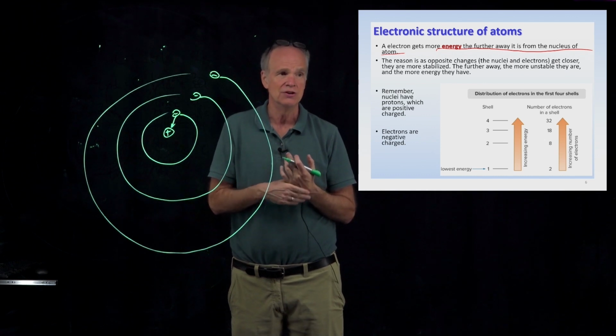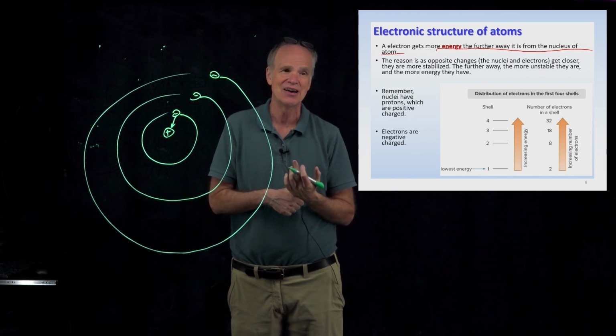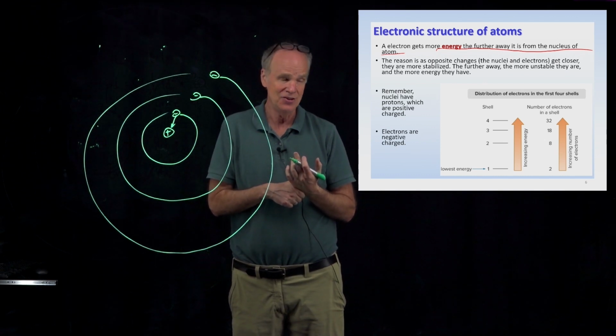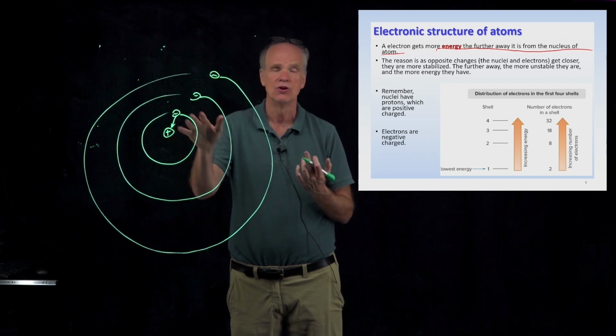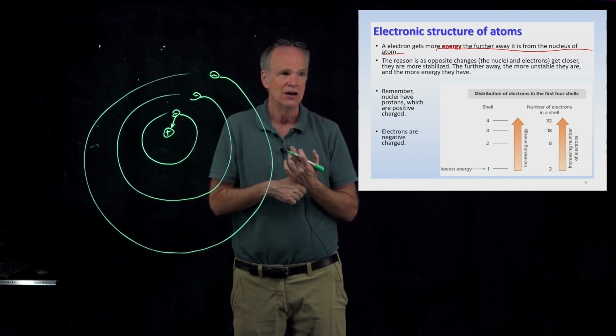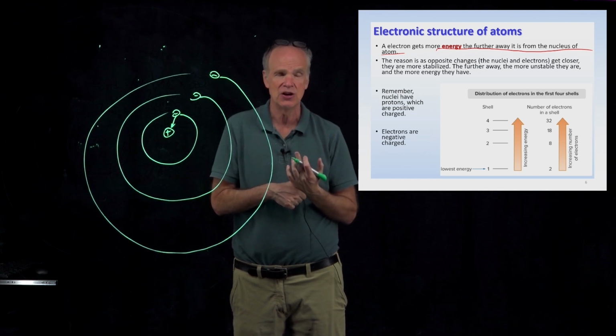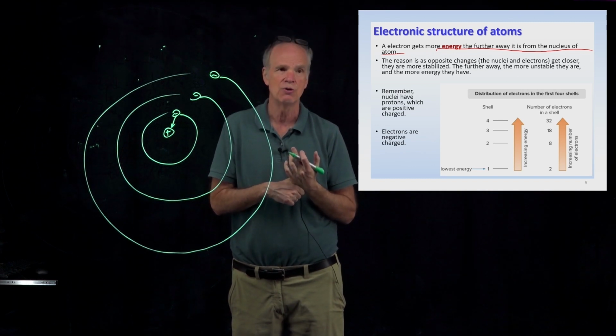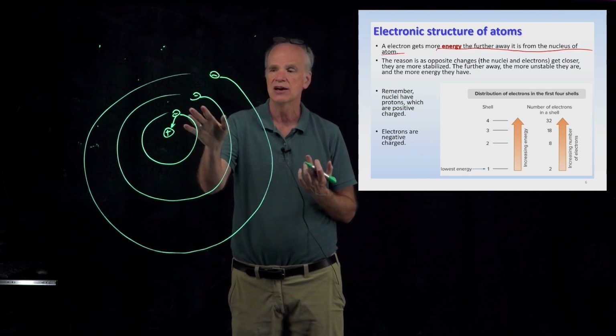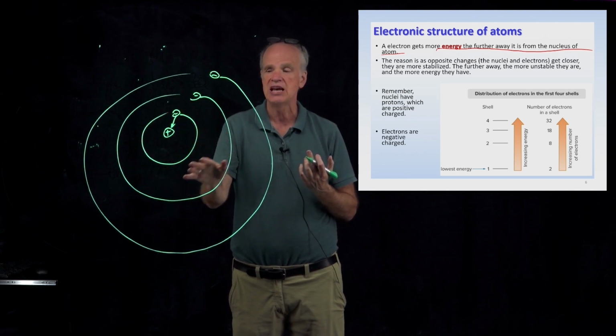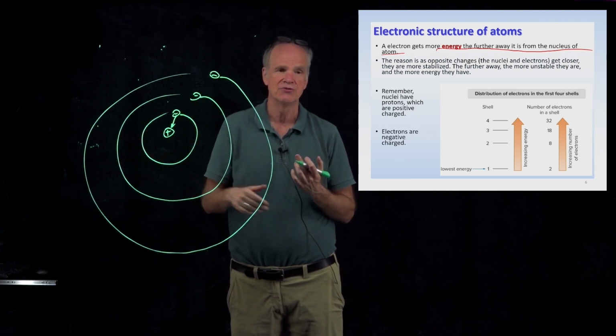You would learn, if you take another chemistry class, why it is that electrons are stable around the nucleus. And here it's because electrons don't follow classical mechanics, they follow something called quantum mechanics. And quantum mechanics predicts that electrons will be stable at a certain distance away from the nucleus.